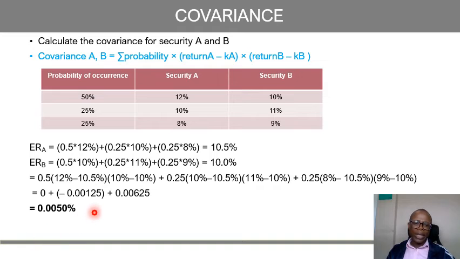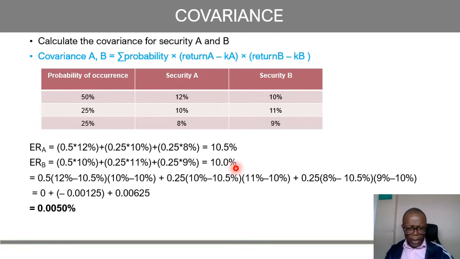You are too brilliant if you got 0.005. Remember, to get expected return: 0.5 times 12 plus 0.25 times 10 plus 0.25 times 8, which is what we did here. Then you do it with B. Then you get 10.5 and 10.